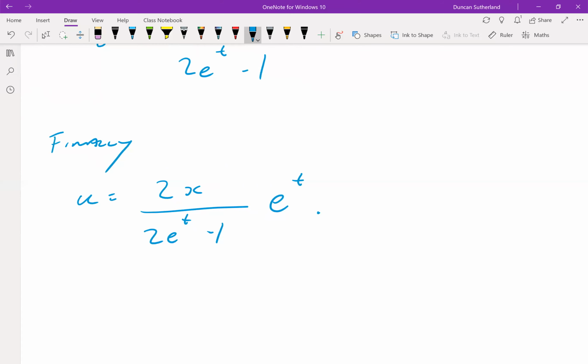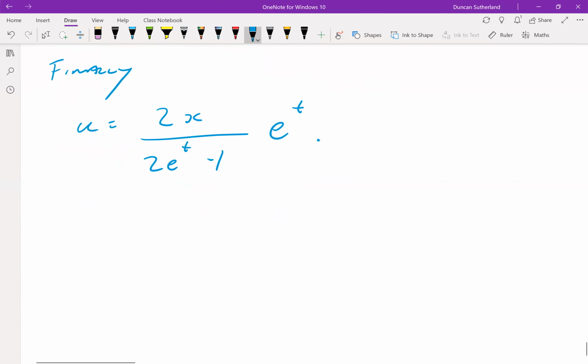Cancel out the e to the t's a little bit if you wanted. Like so. That's slightly nicer, I guess. Alrighty.